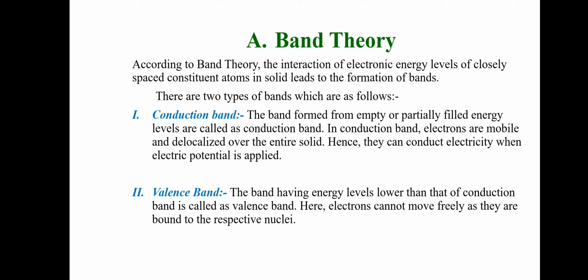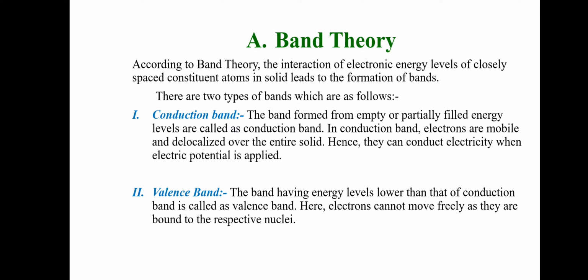The conduction band is formed from the empty or partially filled orbitals, that is, the electrons which are mobile and delocalized over the entire solid, and they conduct electricity when an electric potential is applied. Now, what is a valence band? A band having energy levels lower than that of the conduction band is called a valence band.